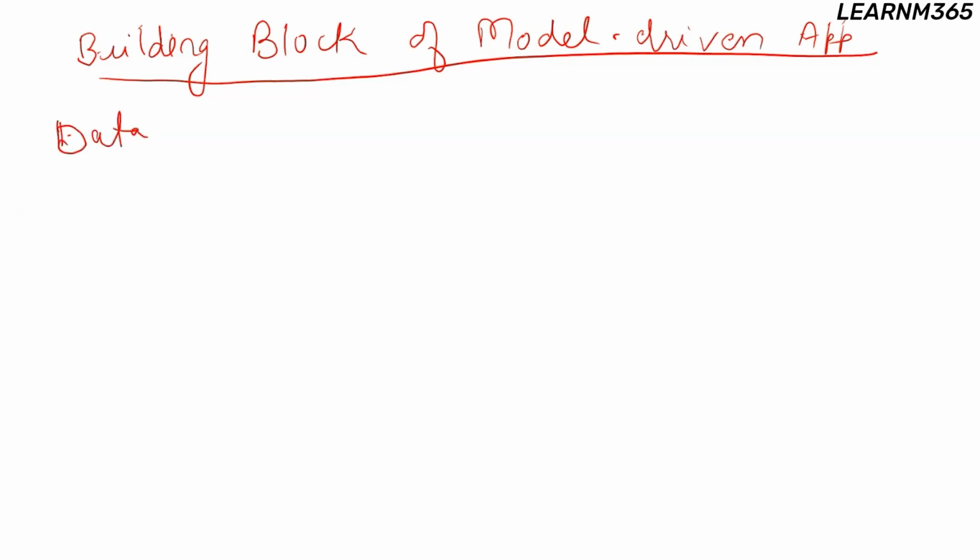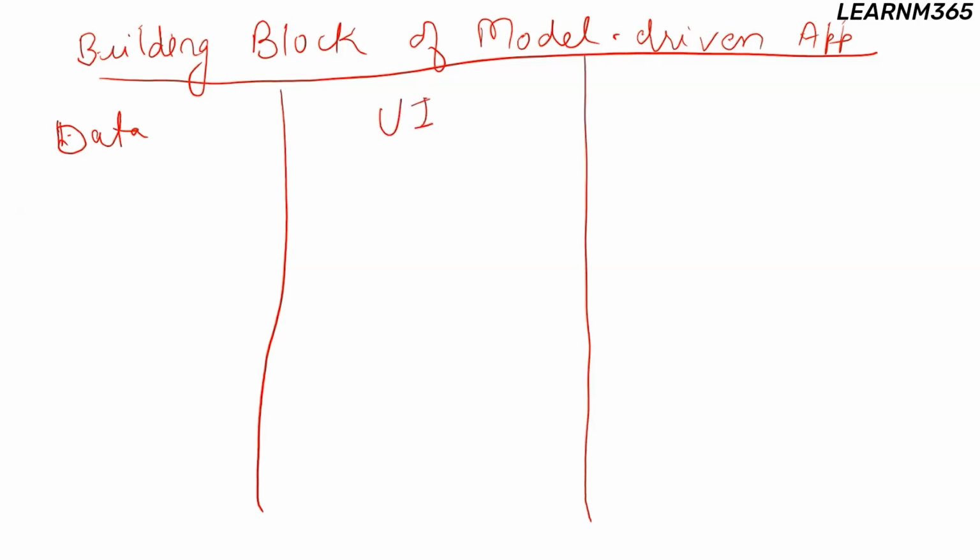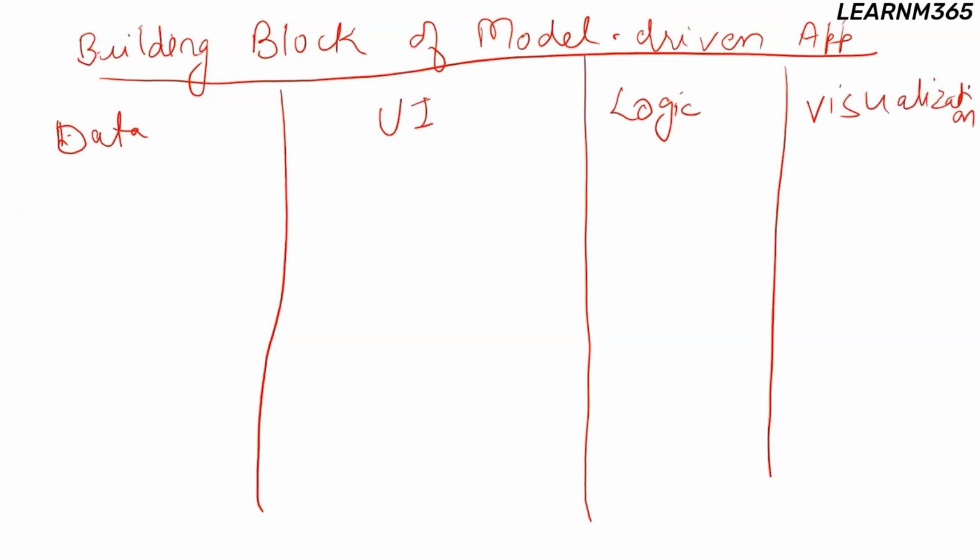data, user interface, logic, visualization. When I'm talking about data here, we would be talking about tables, columns, relationships.